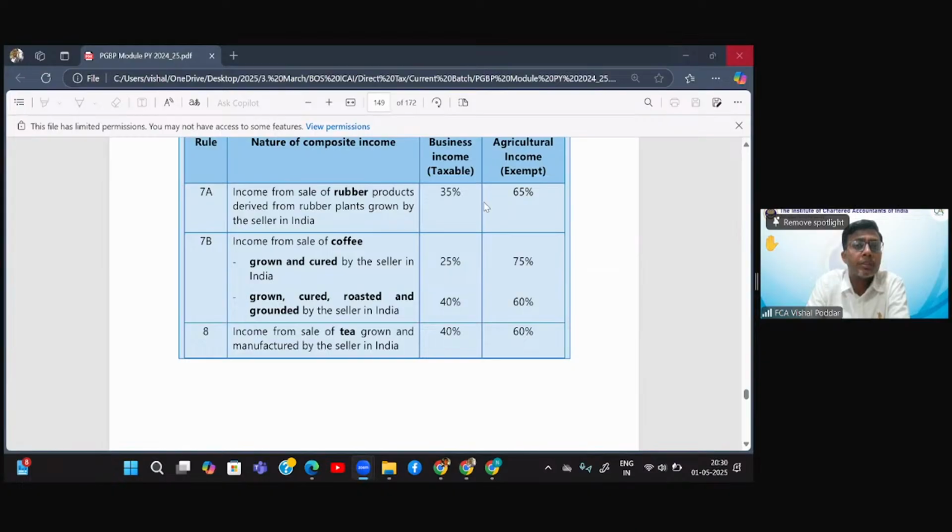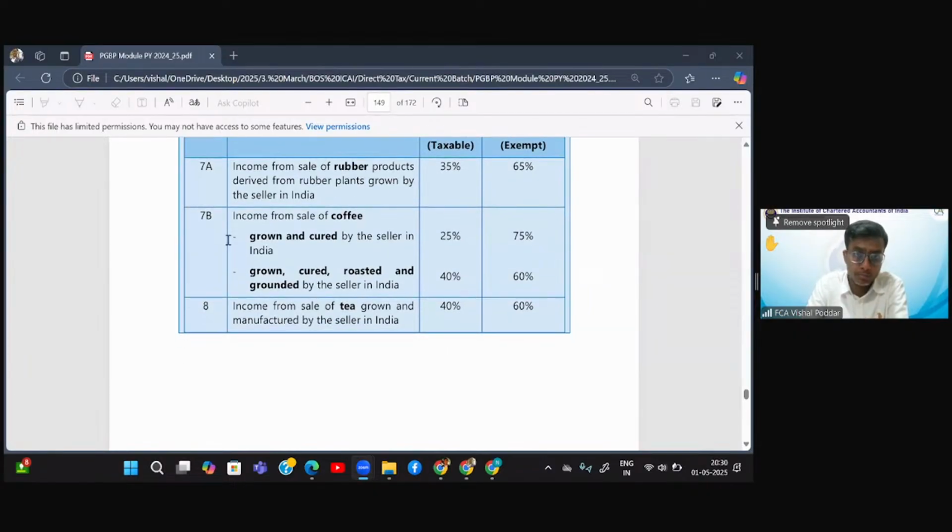So they have given some estimated percentage. So for rubber business, where you are growing as well as manufacturing rubber, 35% is only the taxable part because that is your manufacturing part. Remaining 65 is exempt because it is assumed to be agricultural. Similarly, for coffee, they have made two categories where you are only growing and curing and where you are growing, curing, roasting, grounding.